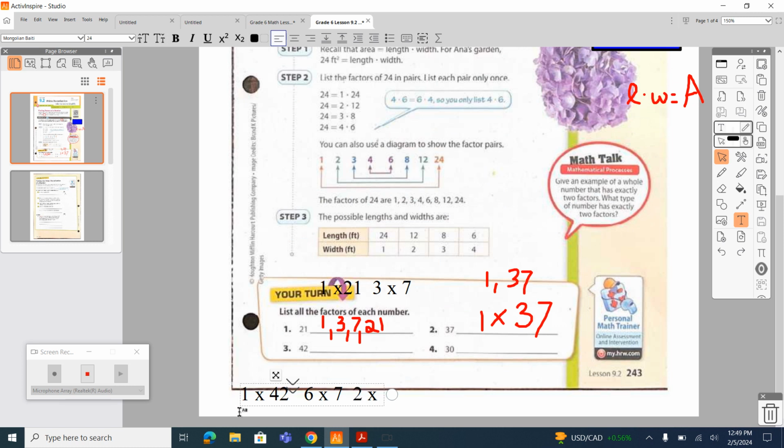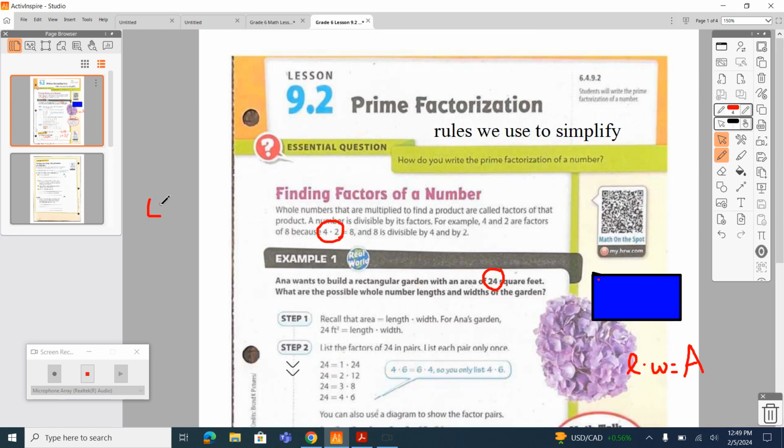And we could multiply by 3. 3 times something. So if you're not sure what it is, let's go over to the side here. 42 divided by 3. 3 goes into 4 one time. Bring down the 2. And we get 14.